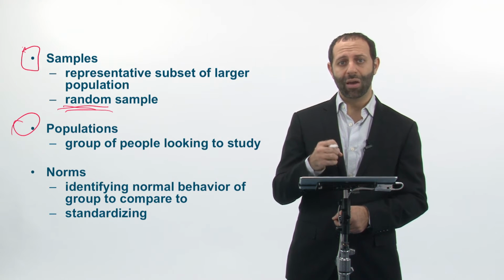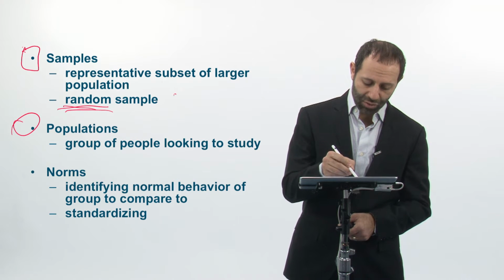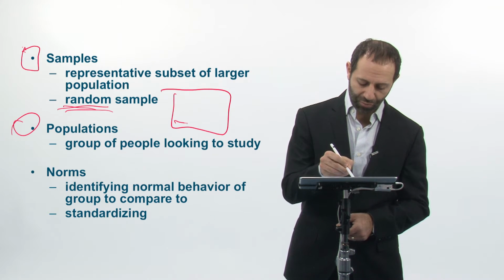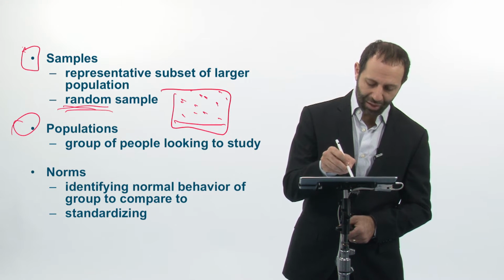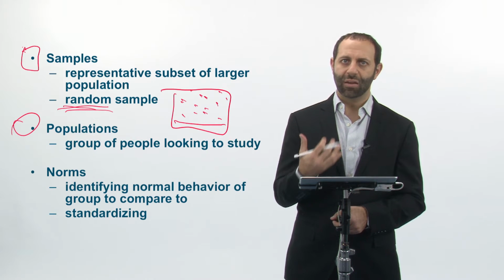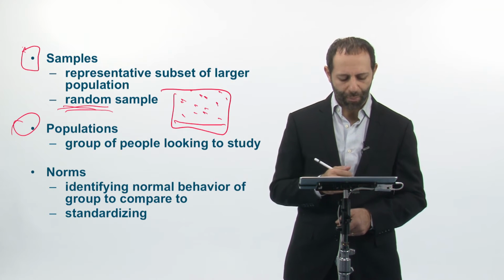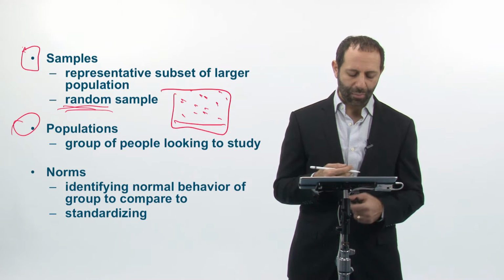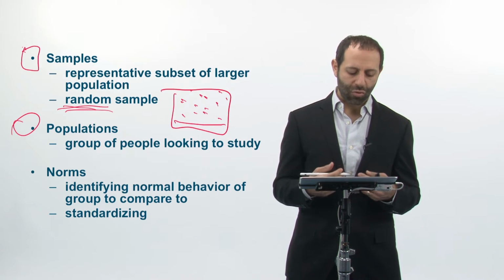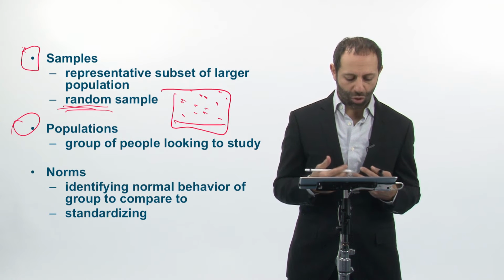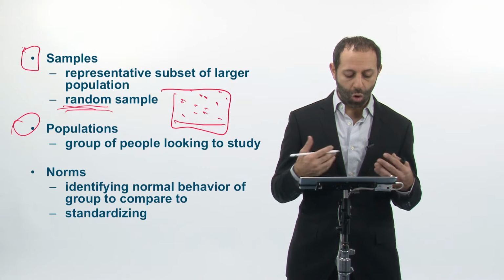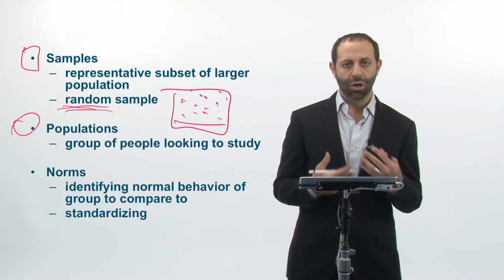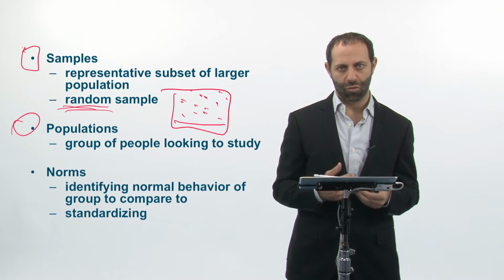For me to do so, I would have to get a random sample of, so if this is my classroom, not just the front row, but I'm going to have to get a student from here and there and there and all over the classroom, sitting in the back in the middle, and that would be a more representative sample of my population. Once I'm getting my sample, I want to also create norms, which are my ability to identify the normal behavior of a group in order to make comparisons to that group.